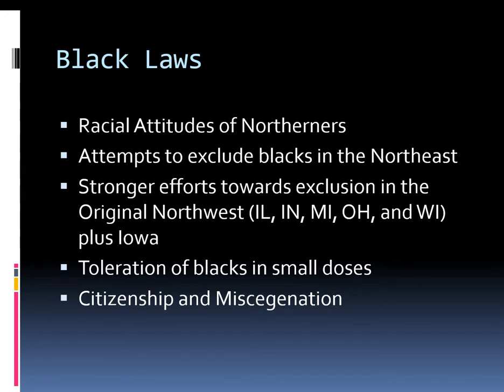We'll tolerate the ones that are here, but you're not going to be allowed to come into Illinois at all if you're black. And a lot of these states tried to have laws that were similar to that, although never quite as stringent as Illinois. But a lot of the black laws had to do with the control of black migration, if not the elimination of black migration altogether.